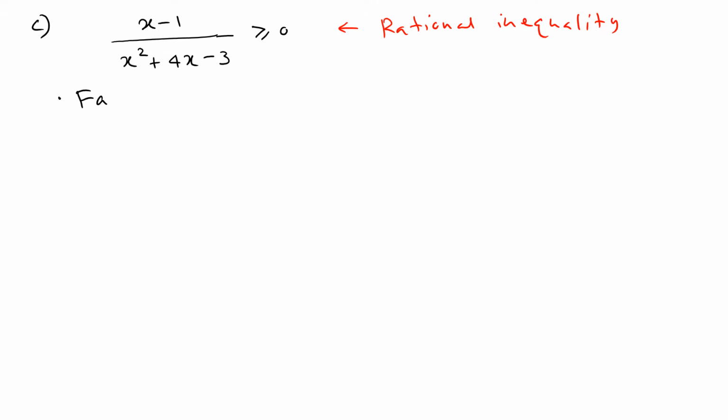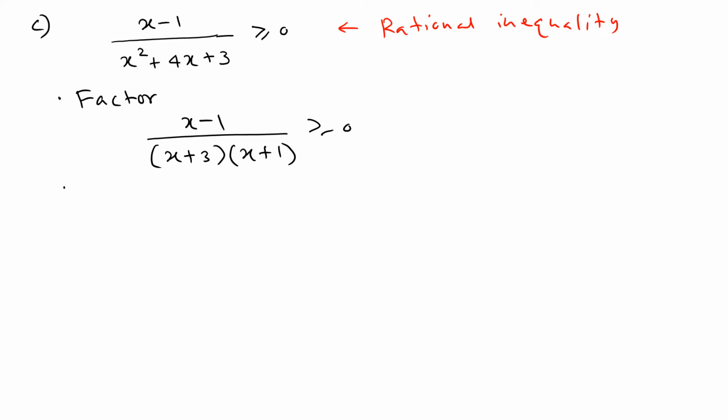We're going to go with the factoring. That's the first step. If you factor, you get x minus 1 from the top. From the bottom, you get x plus 3 and x plus 1, greater than or equal to 0.